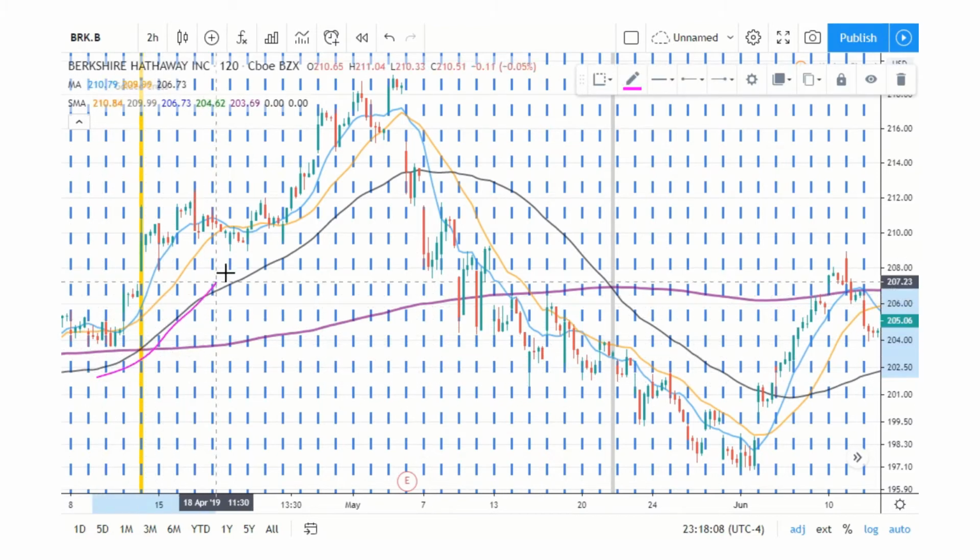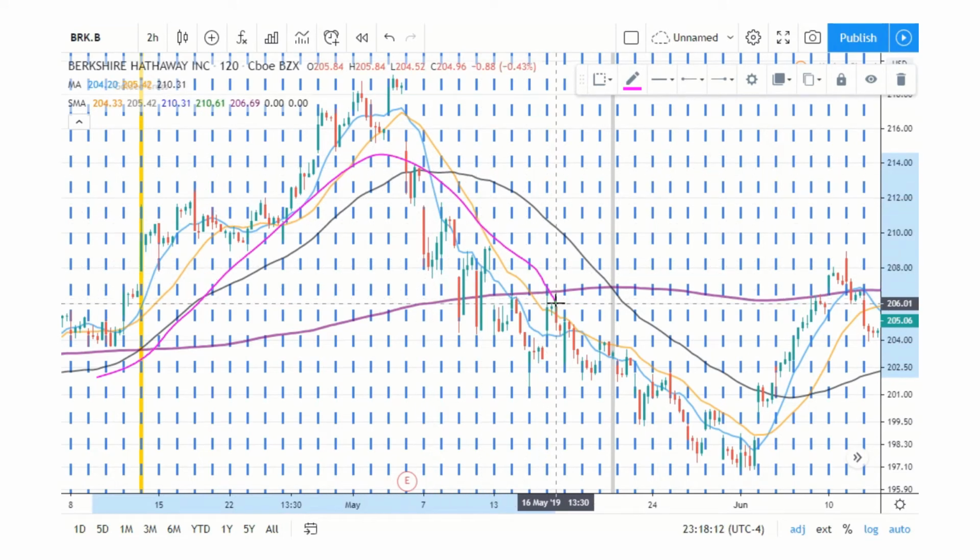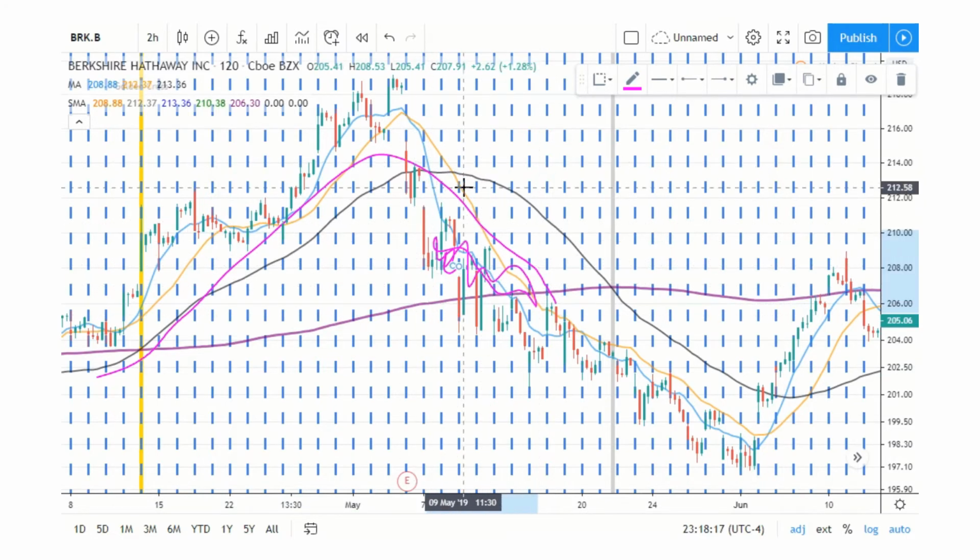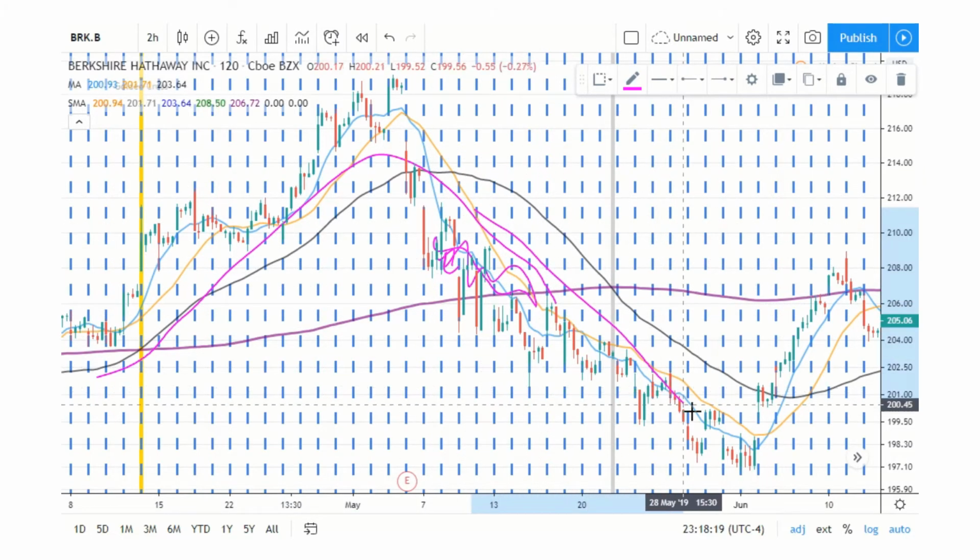See, it crosses up over here, it takes the stock with it. Look, it's coming down. You see it's narrowing in here. All this is narrowing. That means it's coming back down, bringing the stock down with it. Now it's going back up, narrowing, going back up, taking the stock with it.